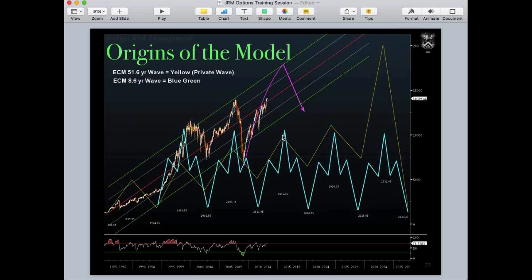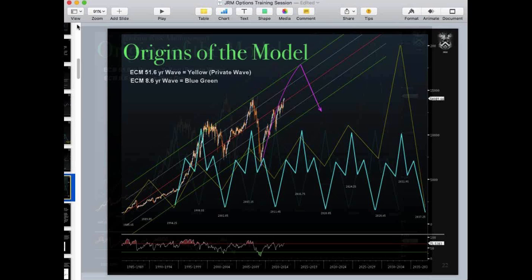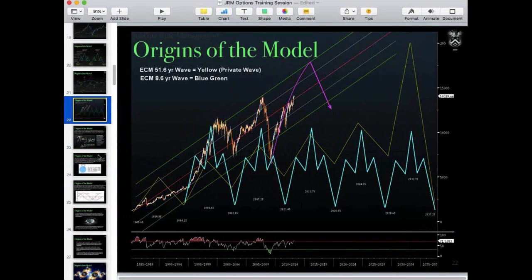Obviously this was the peak in 2015. And if you actually look at the Dow now, we basically struggled right up here just recently last year. All right, so this is a way we map out the longer-term cyclical structures and some of the things that we look at.